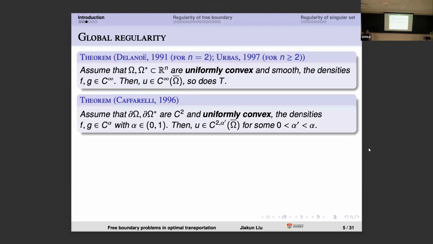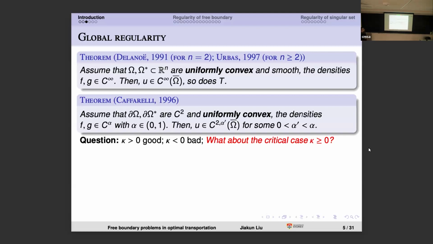In 1996, Caffarelli proved the global Hölder estimate. Caffarelli says that as long as both domains are uniformly convex with C² boundary, and the density function is C^α, then the solution will be globally C^{2,α}. So once we have the global Hölder estimate, we can use bootstrapping and go higher and higher. Now, long story short, if the domain is uniformly convex, that means the curvature has a positive lower bound, everything is good, okay?